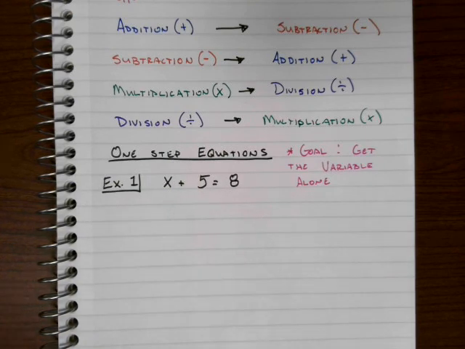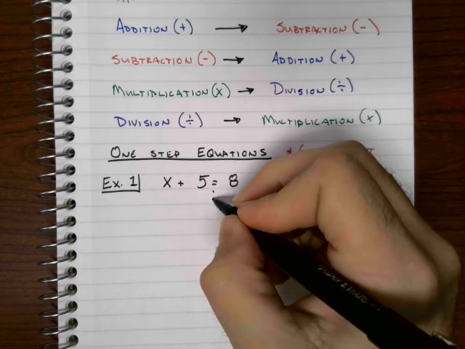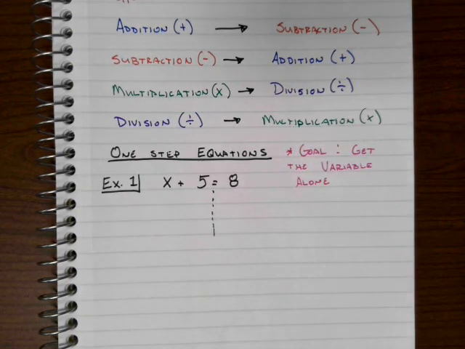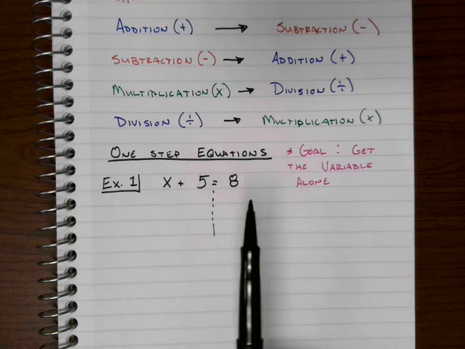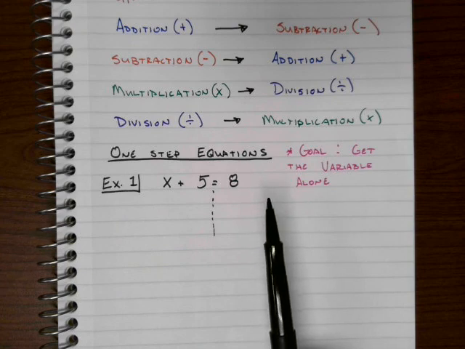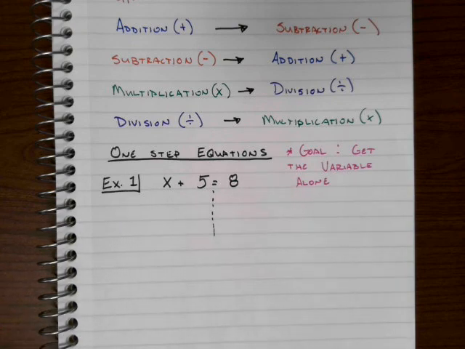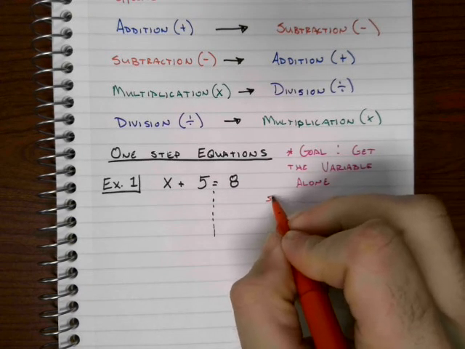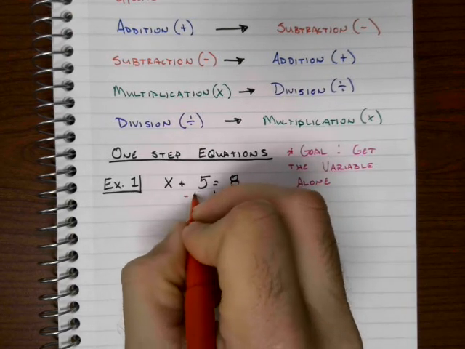One thing that I tell a lot of my students to do is that the equal sign is to draw you a dotted line. That means if we go from this side to this side, we have to do the opposite to move from one side to the other. So to get x by itself here, step 1, we're going to subtract 5 from both sides.